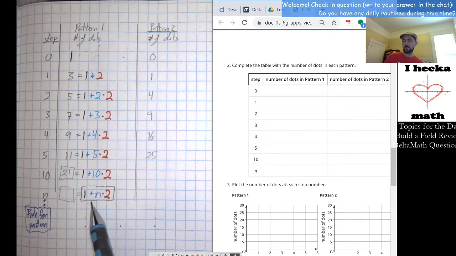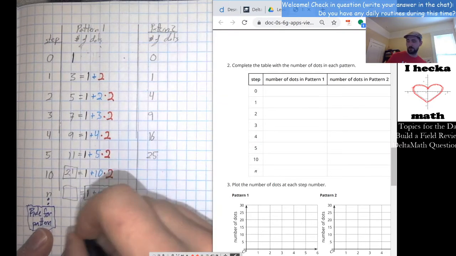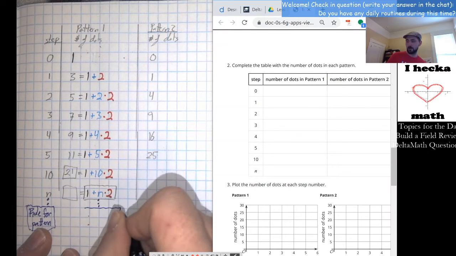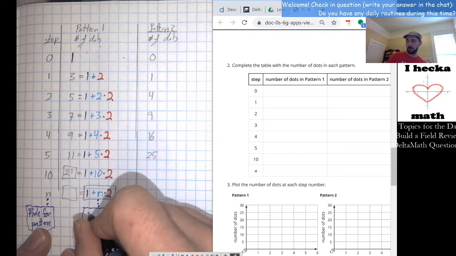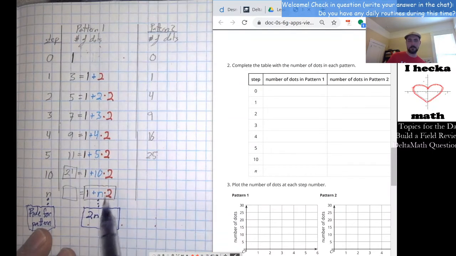This should remind you maybe in a slightly different order. Let me rewrite this. What if I wrote this in the order of 2n plus 1? It's the same thing, just switch the multiplication here and put the plus 1 in the back.